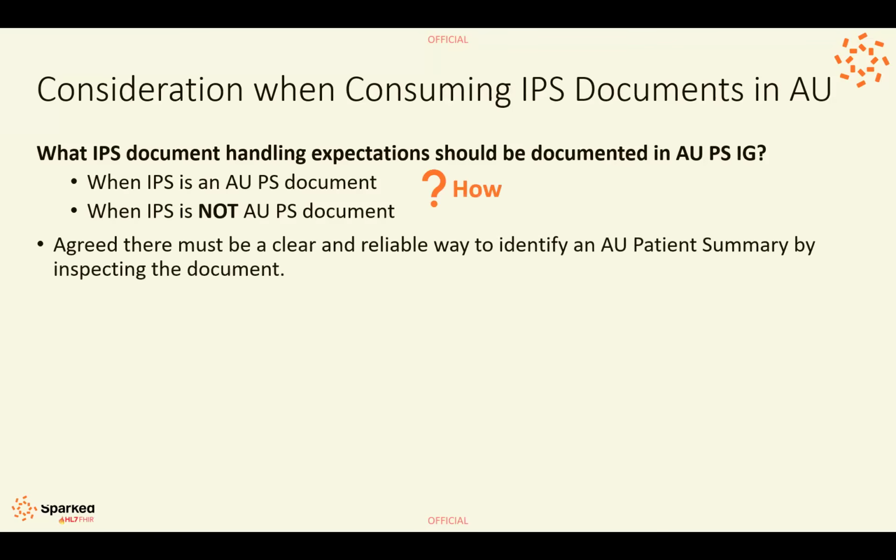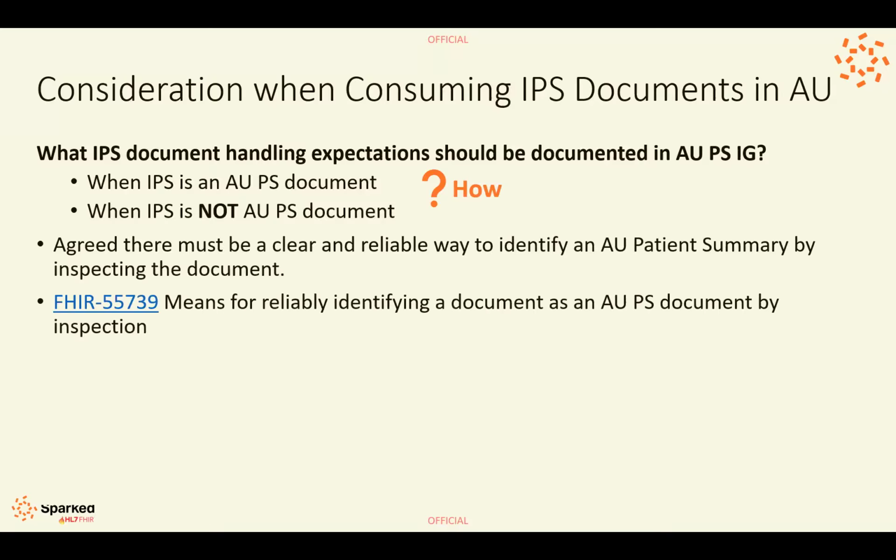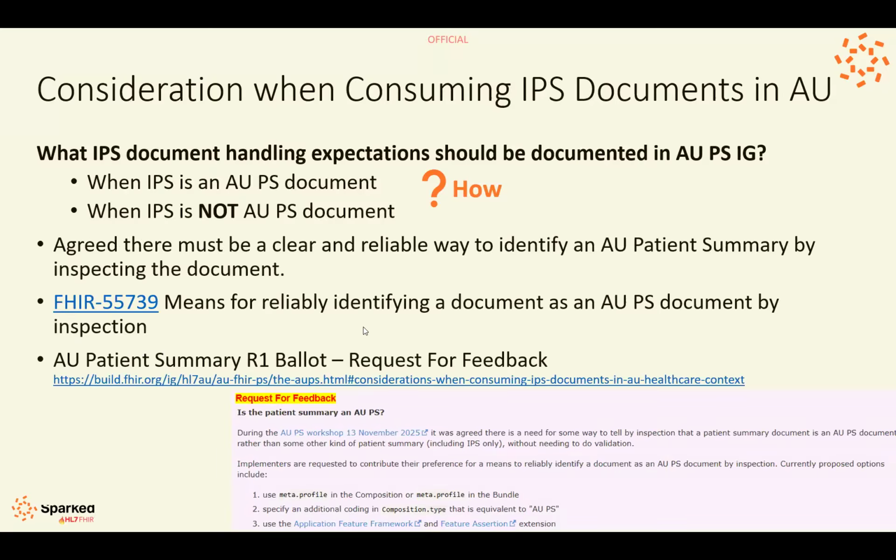So how do we actually determine this is where this led to, and we agreed that there needed to be a clear and reliable way to identify that. So as part of the ballot, we've raised a JIRA ticket that we would like people to put feedback on as comments. And this is the request for feedback item in the ballot as it still stands.